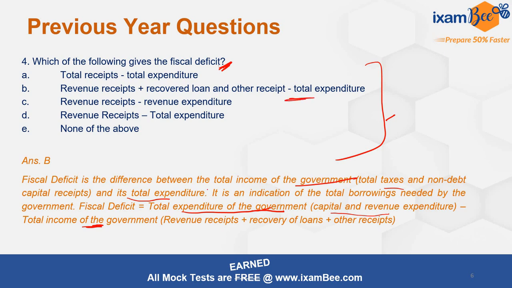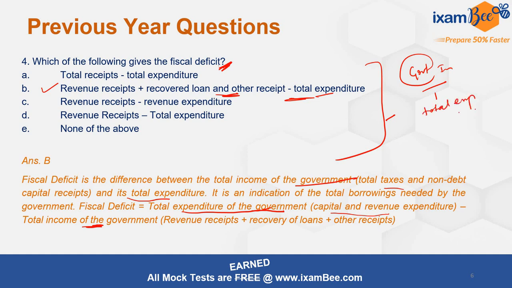So that's what you deduct, right? So the right option here is answer B, revenue receipts plus recovered loans and other receipts minus total expenditure. So you deduct the total expenditure from these receipts, revenue receipts, recovery of loans and other receipts. So that is the total income of the government here. Whatever income the government is getting, from that income you deduct the total expenditure.